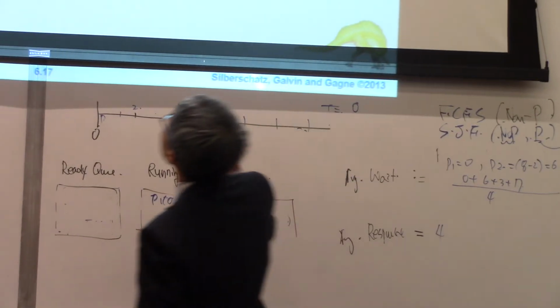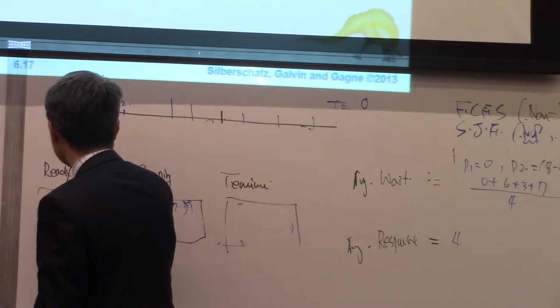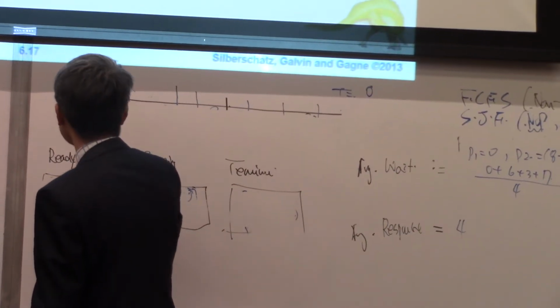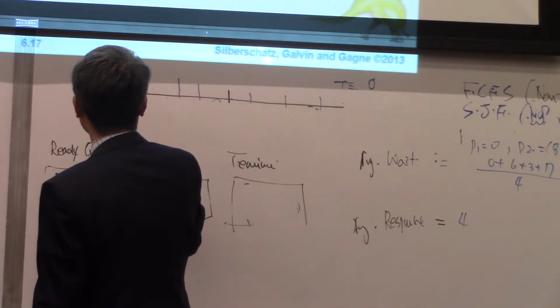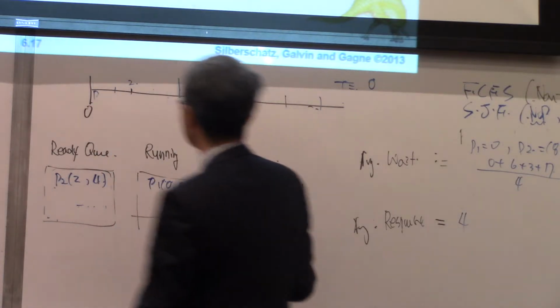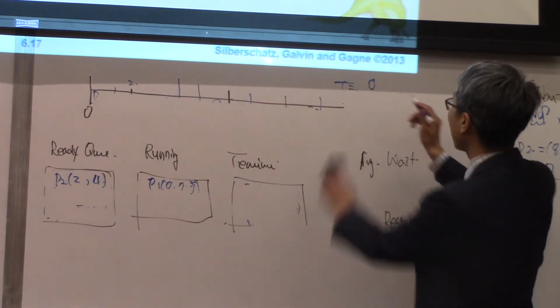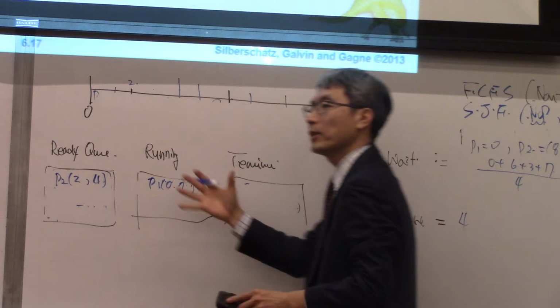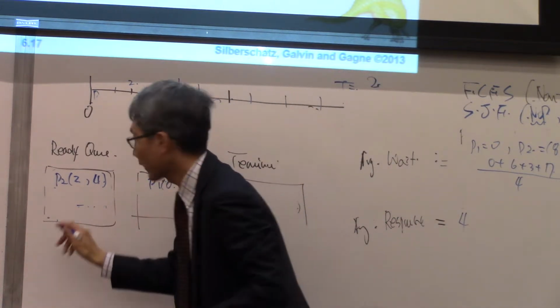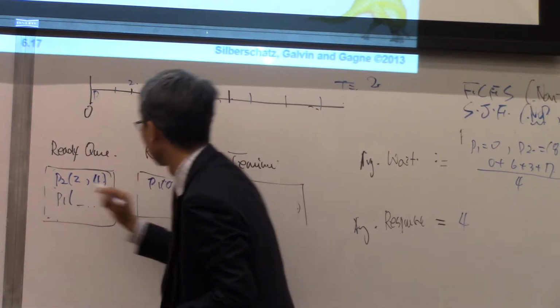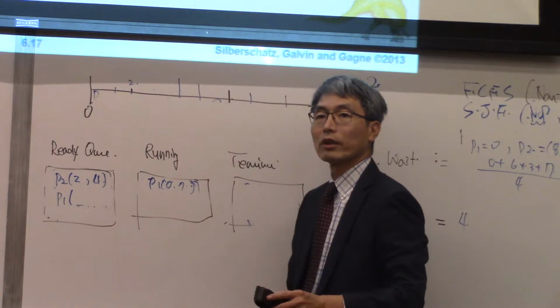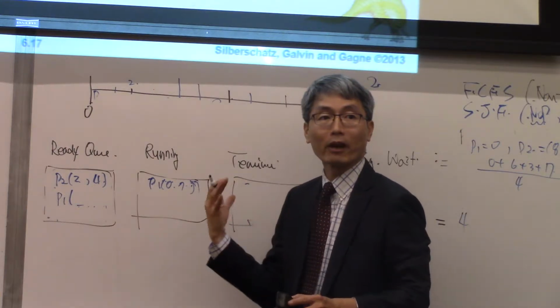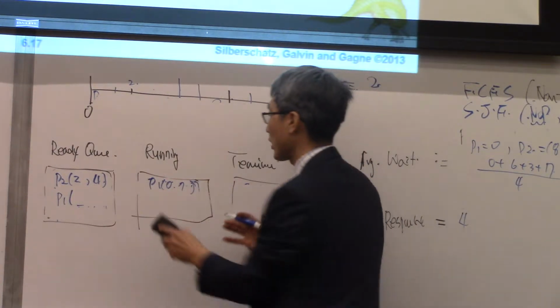Until process 2 arrives, at time 2, with burst time 4. At that time, P1 will go back to the ready queue. It's preemptive, so the CPU scheduler will select the next one.